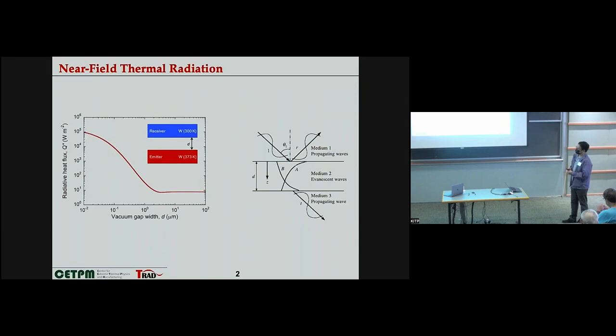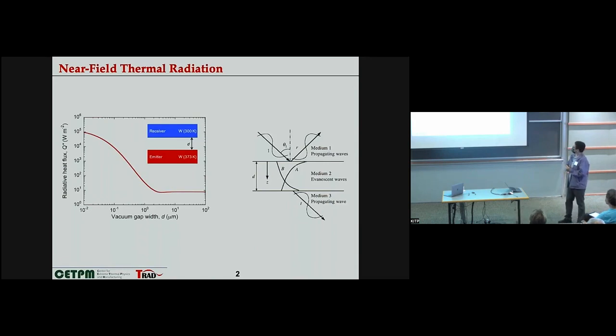For near field thermal radiation, when the gap between two parallel surfaces gets closer than the characteristic wavelengths of thermal radiation, the radiative heat transfer starts to show gap dependence.